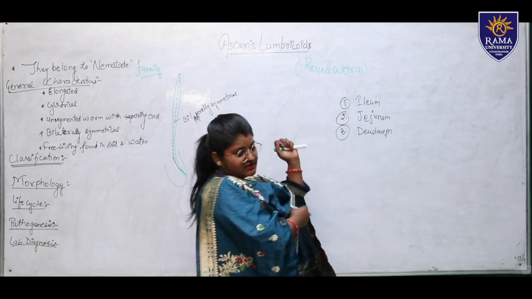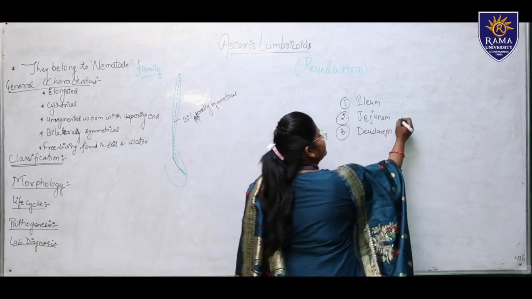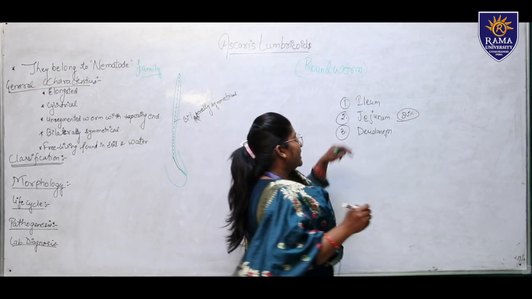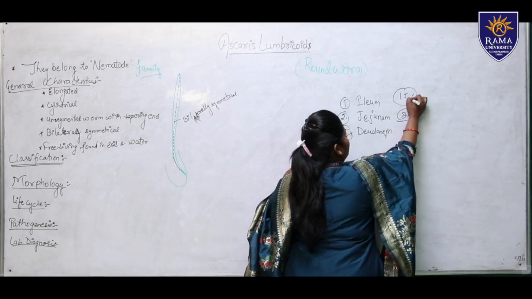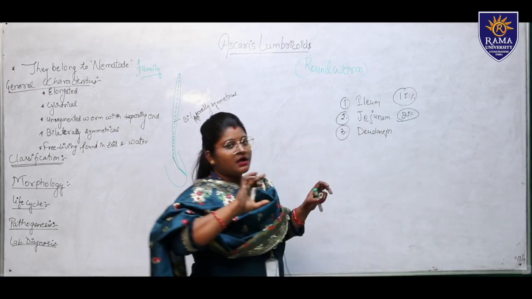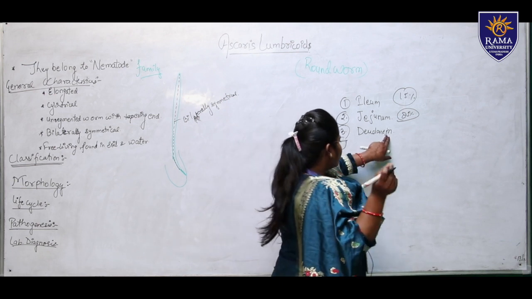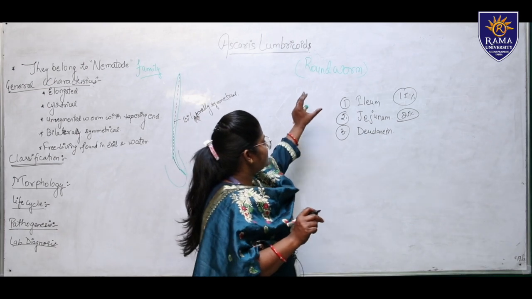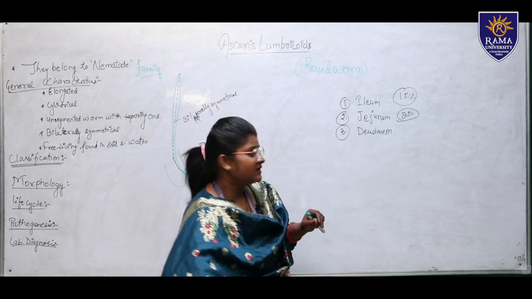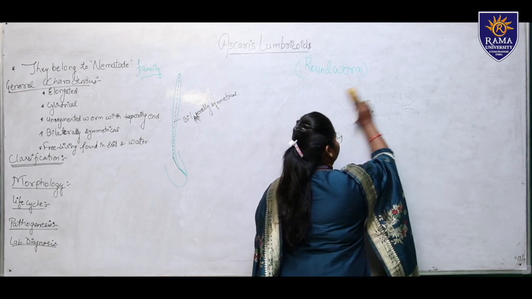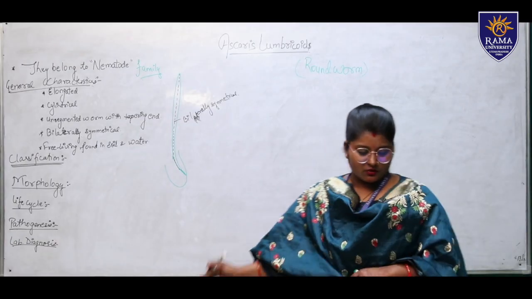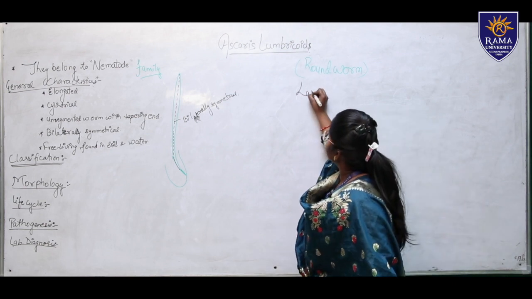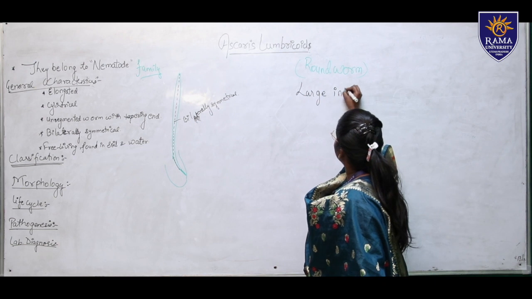Approximately 85% of the parasites are seen in the jejunum and the rest 15% in the ileum, and only a few are seen in the duodenum. This is the differentiation of the parasite which lives in the small intestinal area. Now let's talk about the large intestinal parasite.